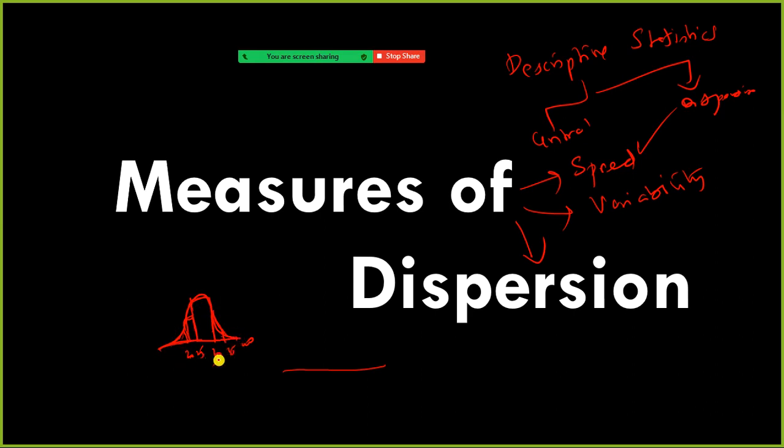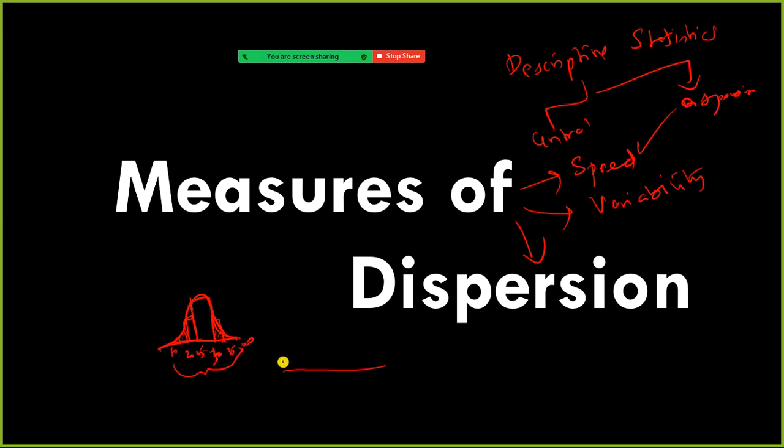The age of the customers in this area is 25 to 30, and 30 to 35 in this rectangle area. This many number of customers are falling here. So when you join the edges of all these rectangles, this is called your spread. How spread out my data is.